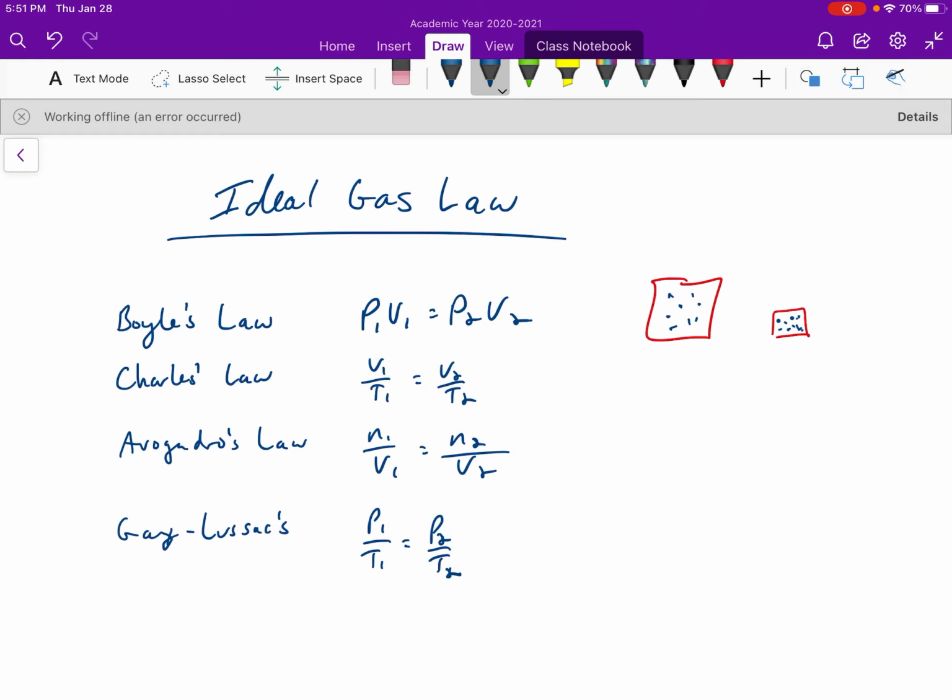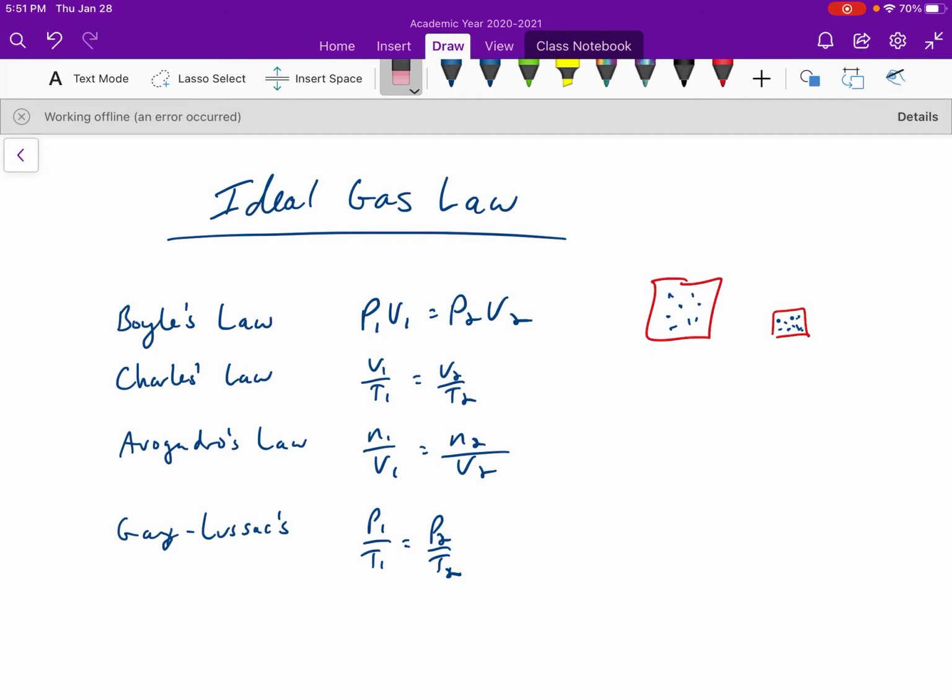Okay, well, if pressure doubles, right, this law says that temperature doubles, right? So we have volume halving, pressure doubling, temperature doubling.